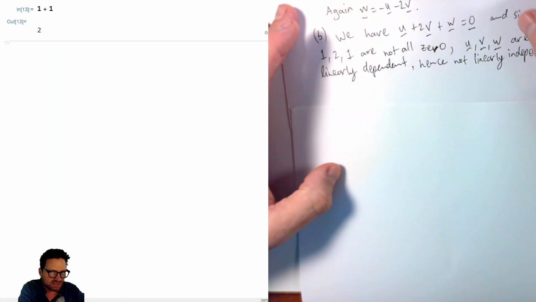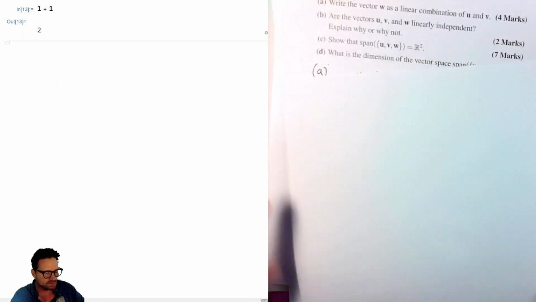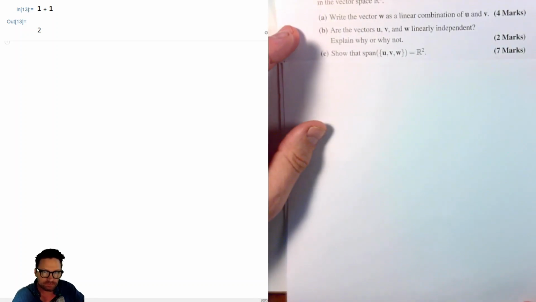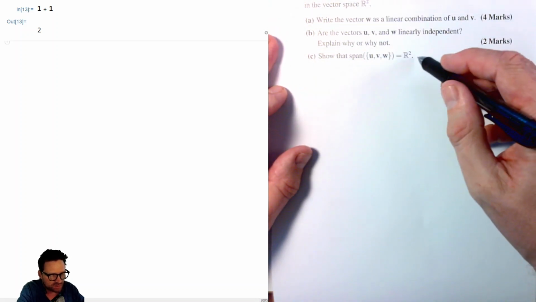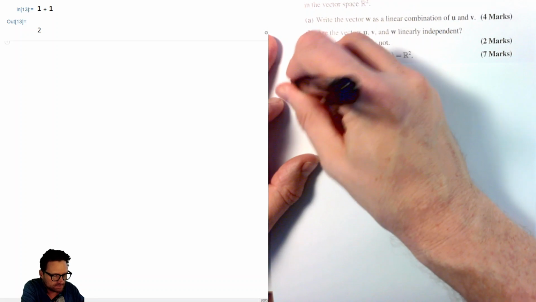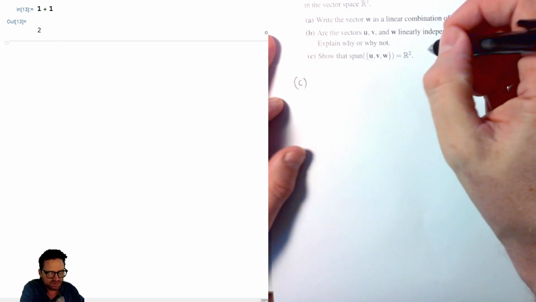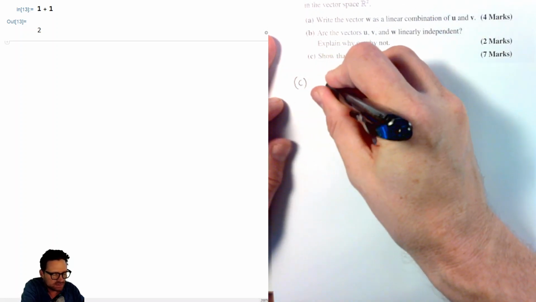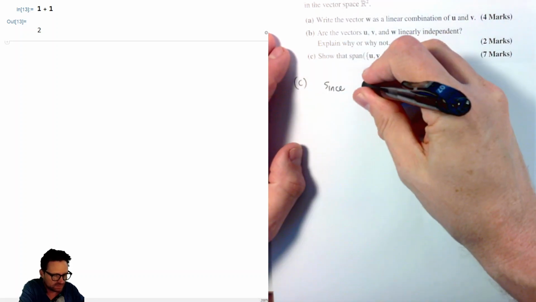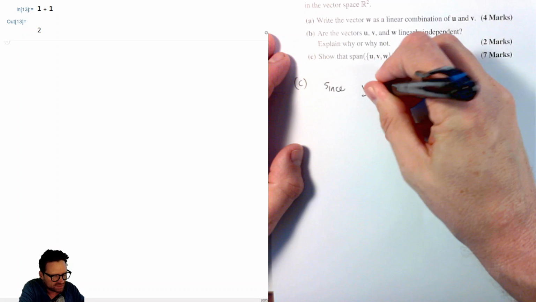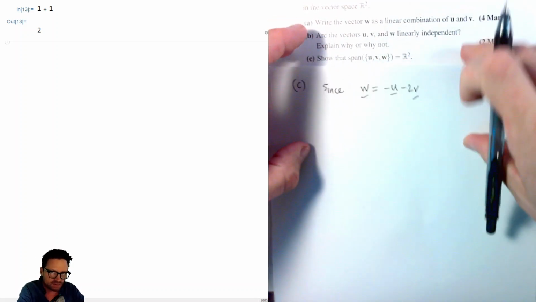Okay, part C, show that the span of u, v, and w is R2. Okay, so let's write a simpler spanning set than this, since we know that these three vectors are linearly dependent. So we'll say, since we have w equal to minus u minus 2v. I hope that's what it was. Let's have a look.